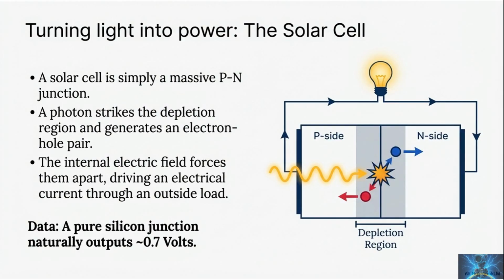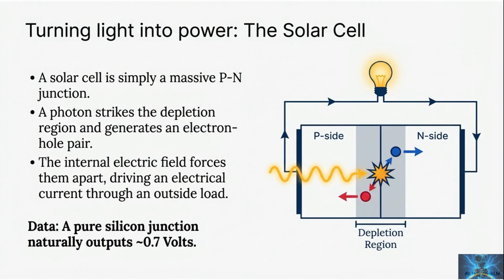A solar cell is basically a large P-type and N-type junction designed to harvest light. When a photon hits the depletion region, it can generate an electron-hole pair. The internal electric field immediately pulls them apart before they recombine.